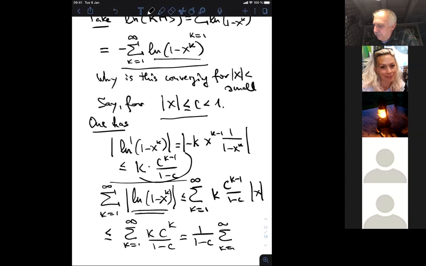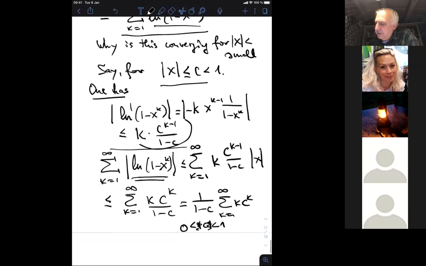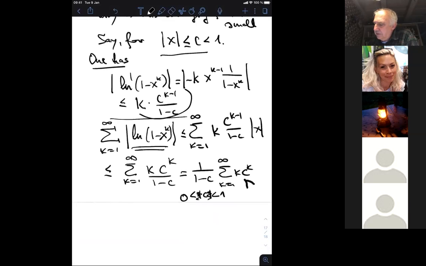And with the condition that c is between 0 and 1, this is a converging series, so in this way we'll be proving that for all small x our series is absolutely converging with some explicit constant estimating it from above.